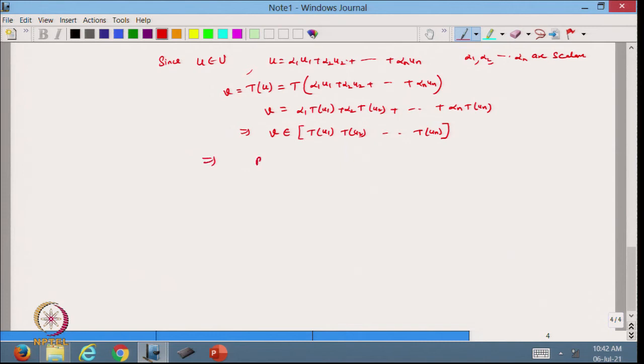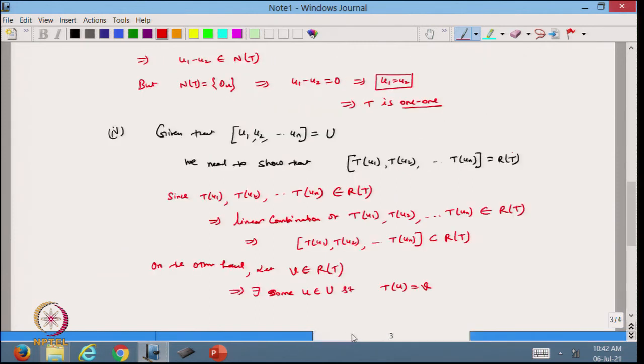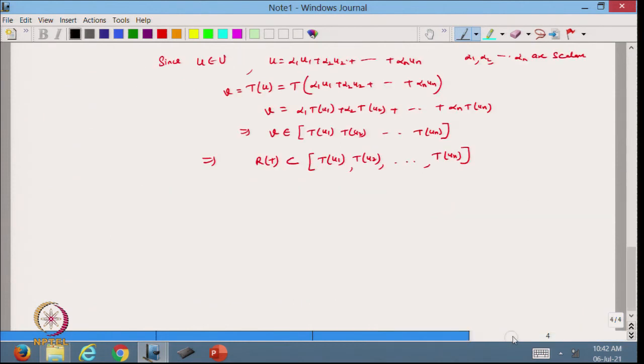So from here I am able to show that R(T) is a subset of the span of T(U1), T(U2), up to T(Un).